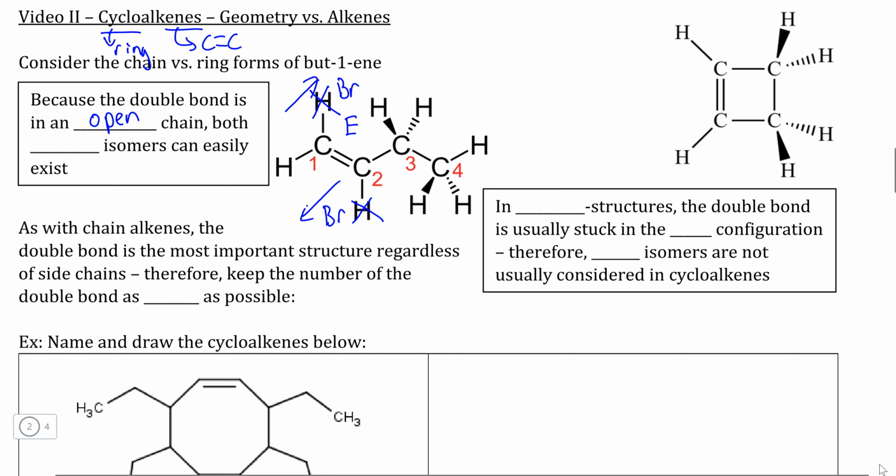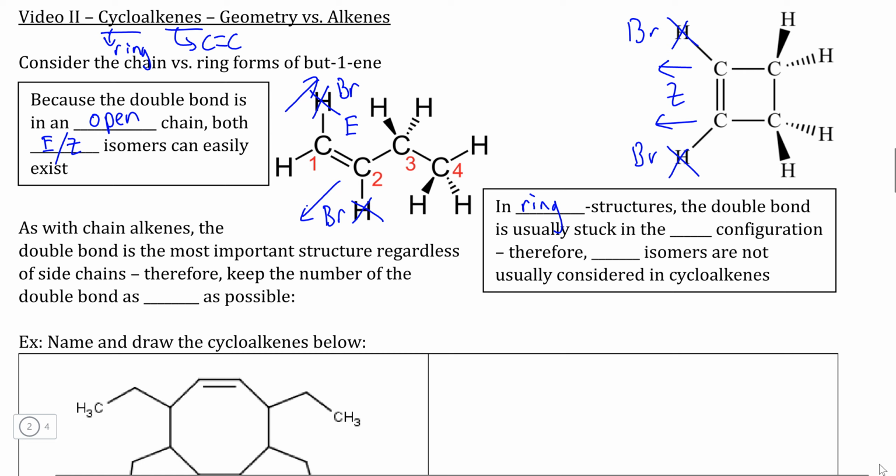So in an open chain alkene, both the E and the Z isomers exist relatively commonly because there is no ring to restrict movement of each of the atoms. But we can see that in ring structures, this is much harder to do. So if we were to substitute each of these hydrogens in the ring structure with bromines, now it's very obvious that we can have both of these bromines in the Z configuration here.